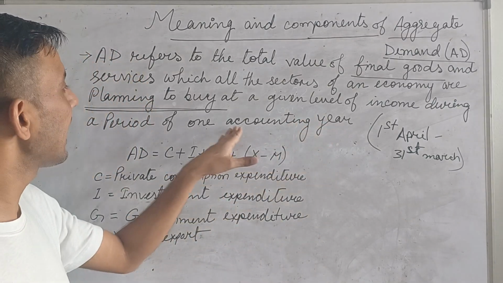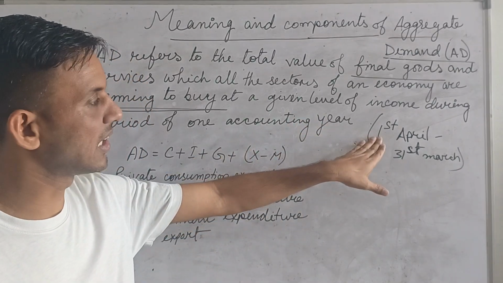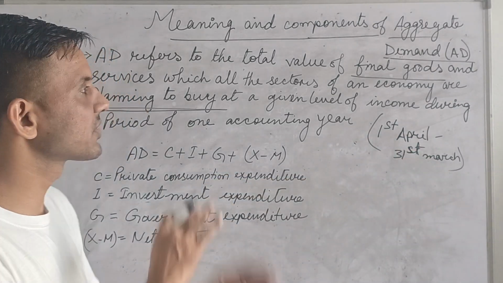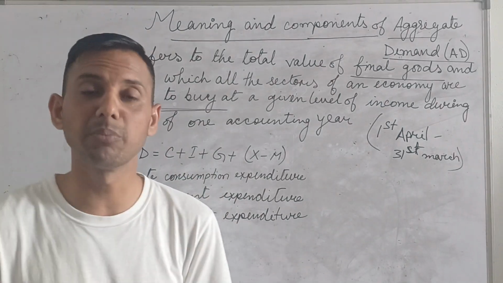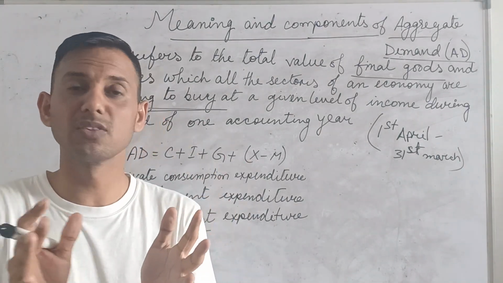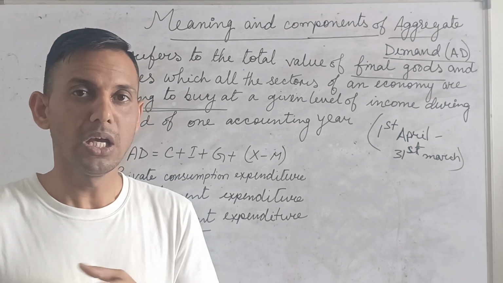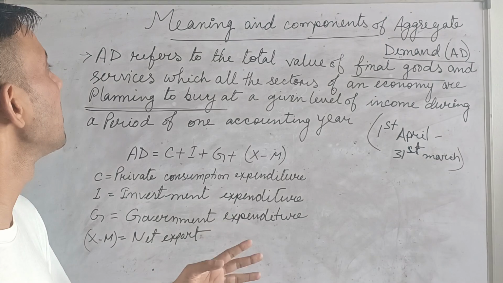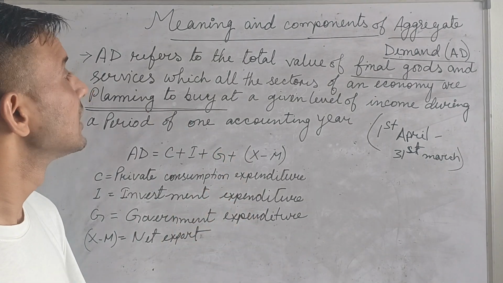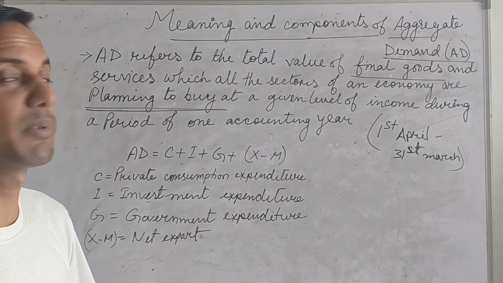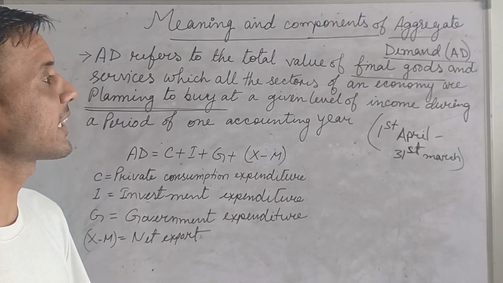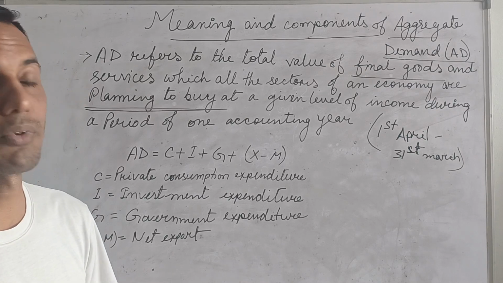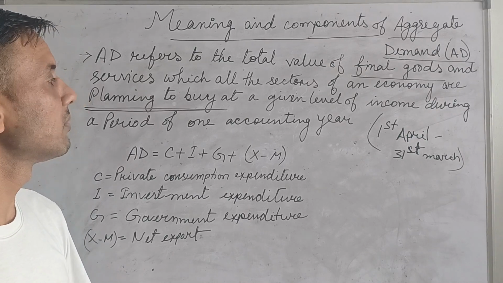And during an accounting year, it means financial year, which is from 1st of April to 31st March. So this is called the aggregate demand. Aggregate demand means what? The as a whole demand. It is not just your demand, my demand. So please remember, AD refers to the total value of final goods and services which all the sectors of an economy are planning to buy at a given level of income during a period of an accounting year.